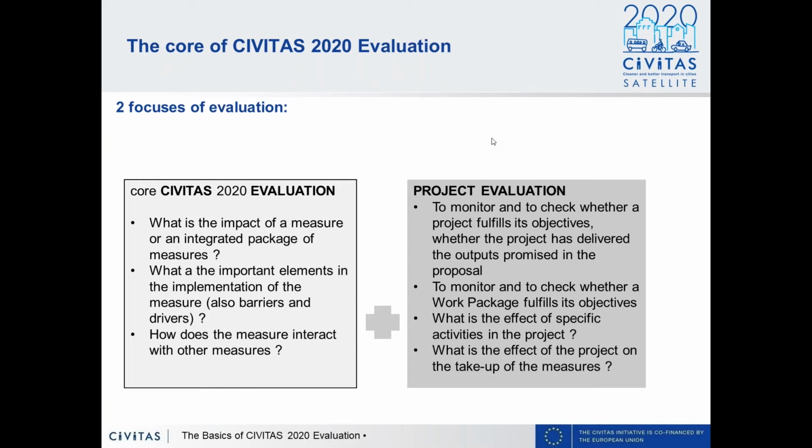What are the mechanisms in that project to do what in many cases you have promised to the Commission or to others? There you will check whether a specific work package, for instance, did really fulfill its objectives, whether you really succeeded in reaching the many cities you promised to reach with your message, and things like that. That's what we call project evaluation.